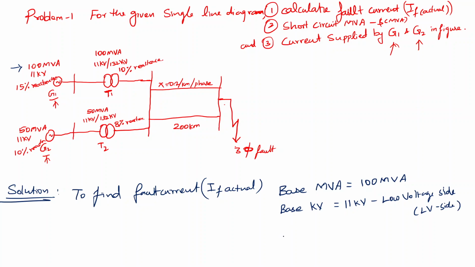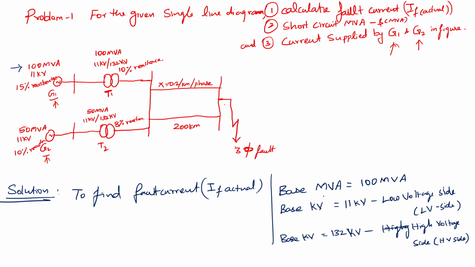And then HV side or high voltage side, base kV is equal to 132 kV at the high voltage side or HV side. Okay, so these are all the bases I have considered for my problem.